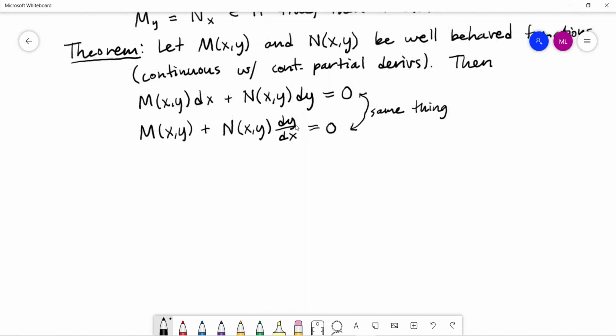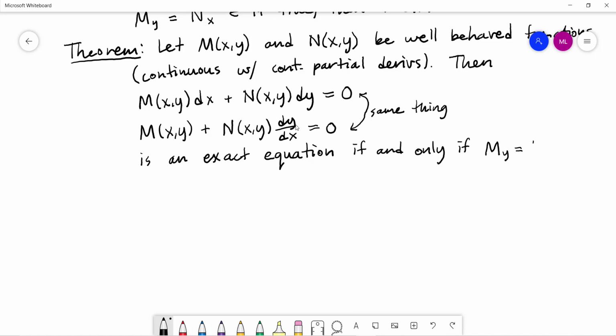But then that equation is exact if and only if M sub y equals N sub x.